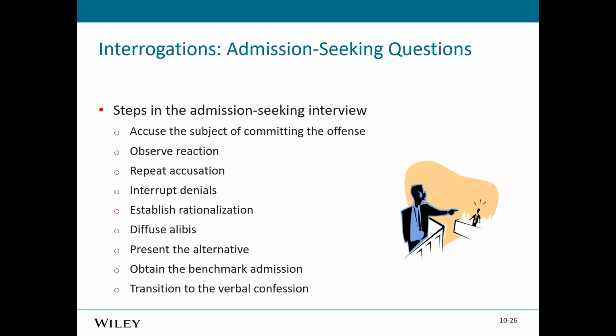After we have interrupted the denials, we can establish rationalization. Assuming that the subject does not confess, you should provide some sort of rationalization to explain away the moral consequences of the action. We've talked about the fraud triangle, so we know what some of these rationalizations should be, but you should appear compassionate and understanding.